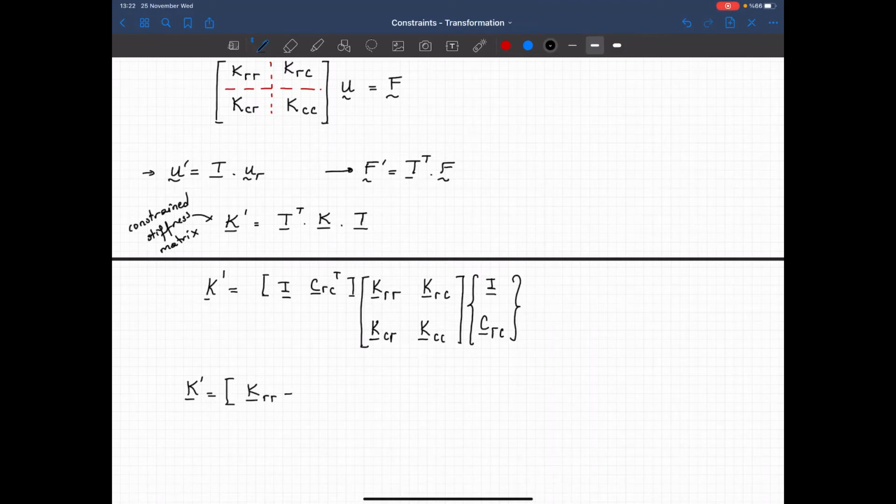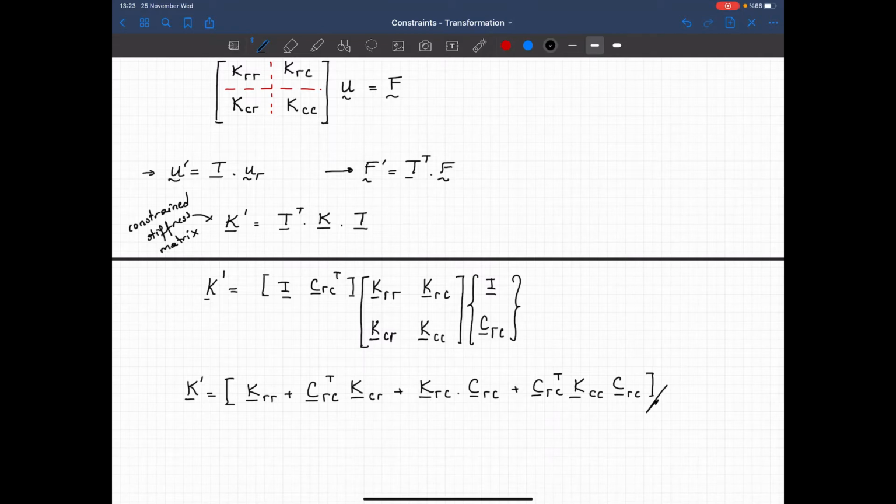KRR plus CRC transpose multiplied by KCR plus KRC multiplied by CRC plus CRC transpose KCC multiplied by CRC.